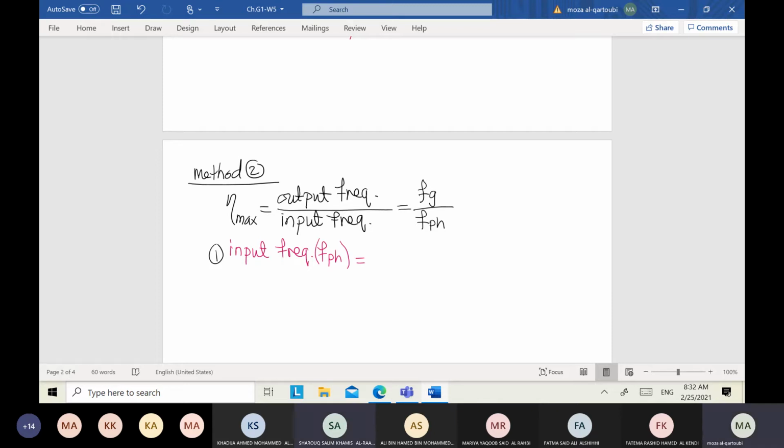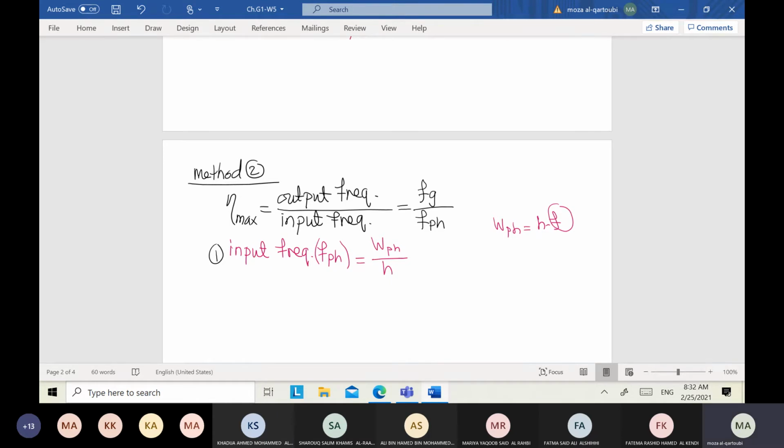Because W of photon equals H times F, F will be W of photon over H. So find this value, please.